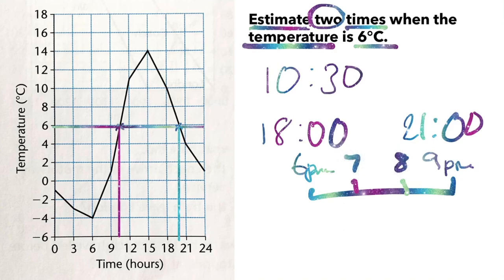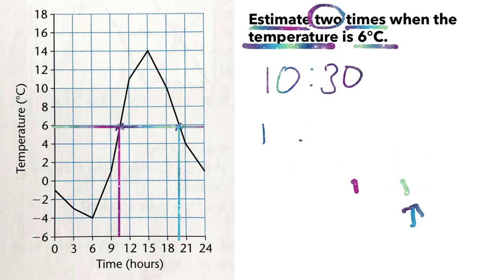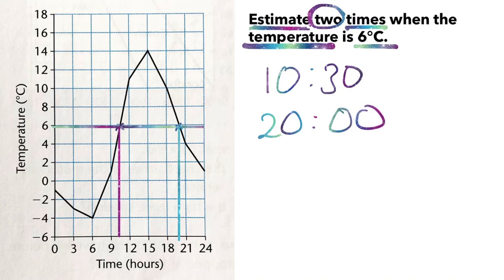So I think it's actually crossing at about 8 p.m. So that's what my answer would be. But I have to write it in 24-hour time. So it would be, there we go.